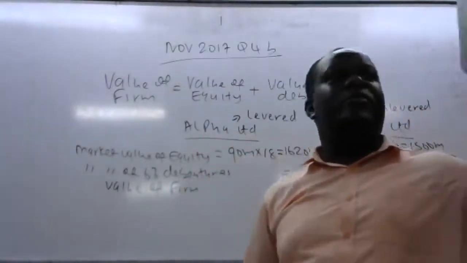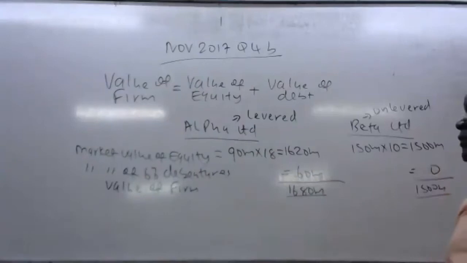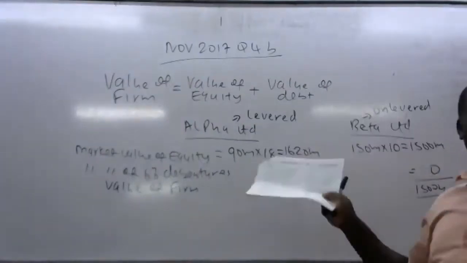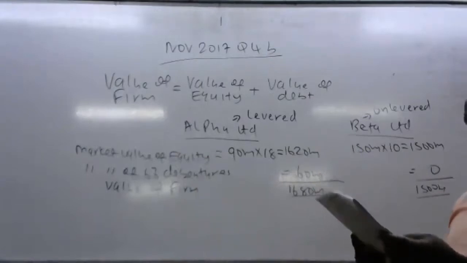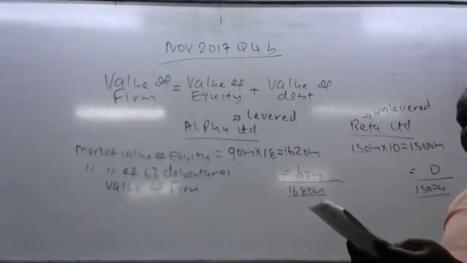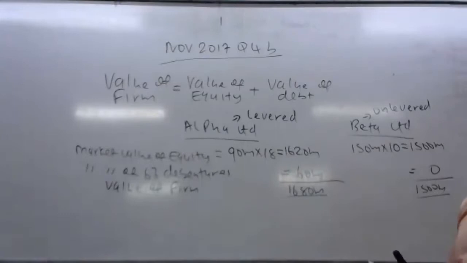So according to M and M, these two companies are identical because you can see their operating income. You can check where they gave you the figure for the profit before interest and tax: 18 million and 18. Then when you check in the first paragraph, they are in the same risk class.